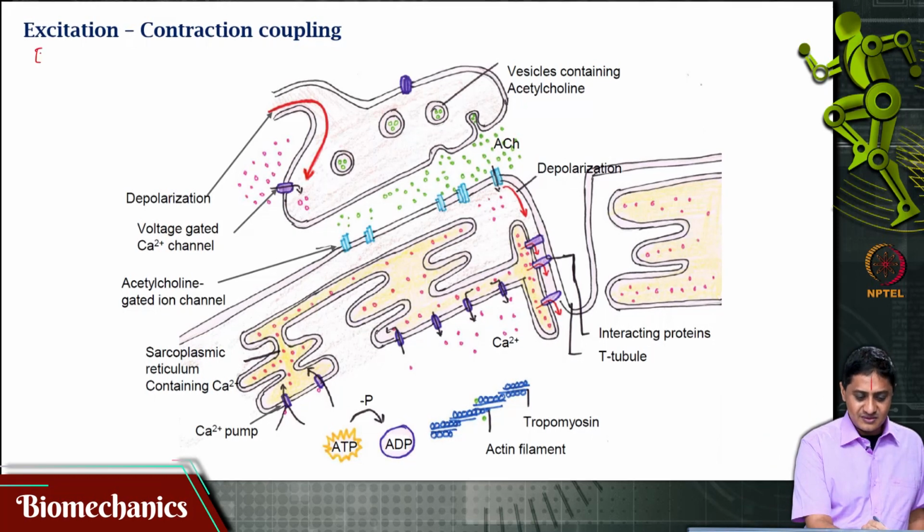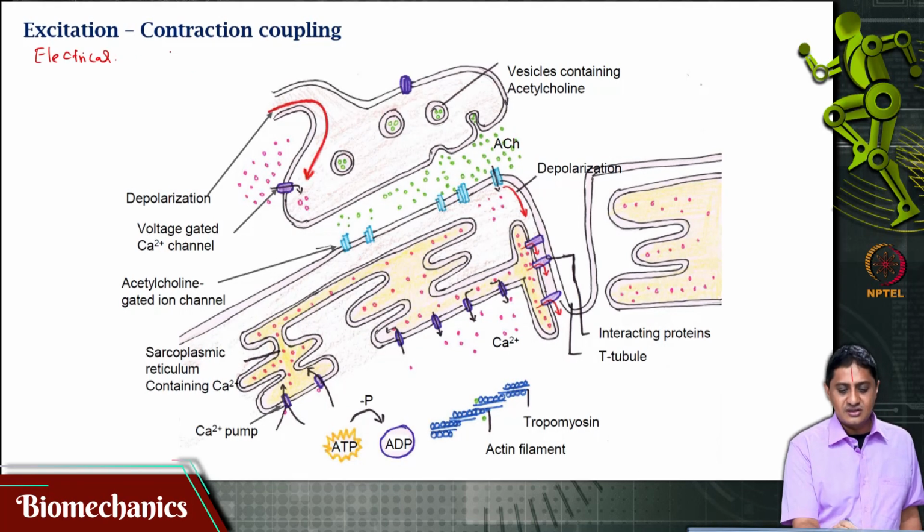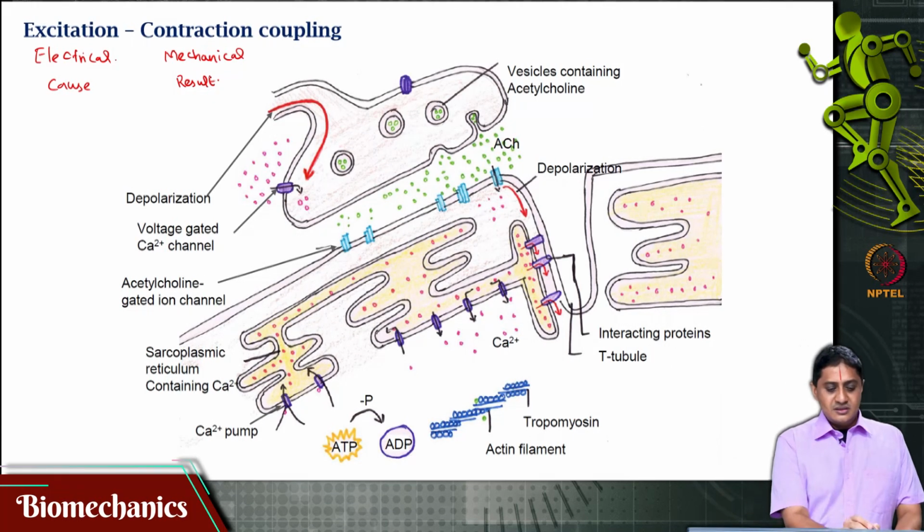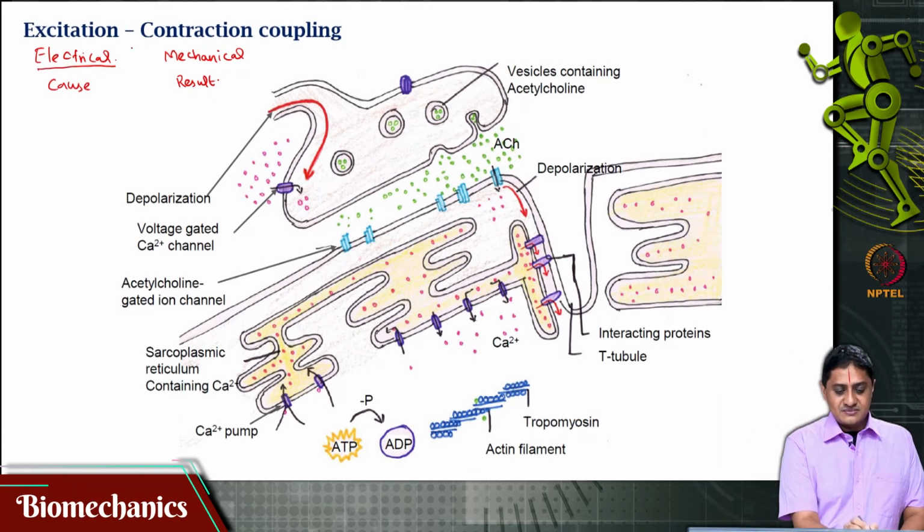Excitation means something that is electrical in origin. Contraction is the result, right? This is the cause, this is the result, right? So, this excitation is in electrical form and the output is contraction.